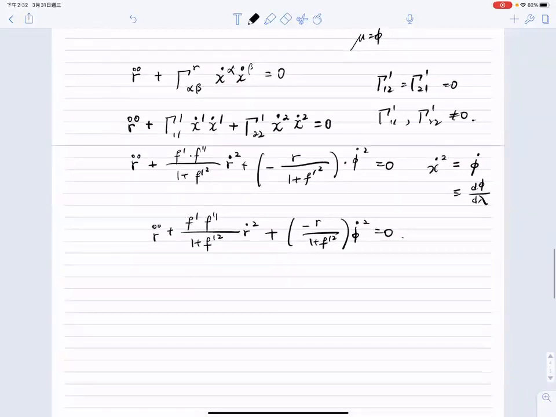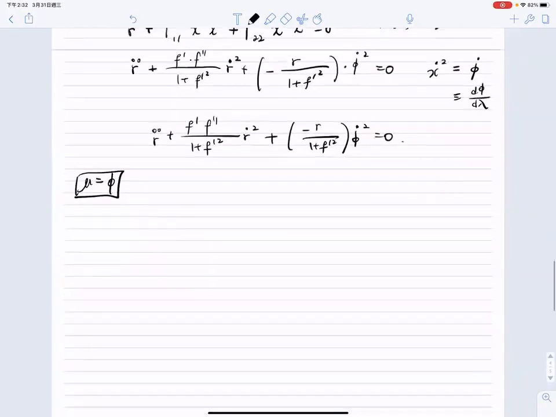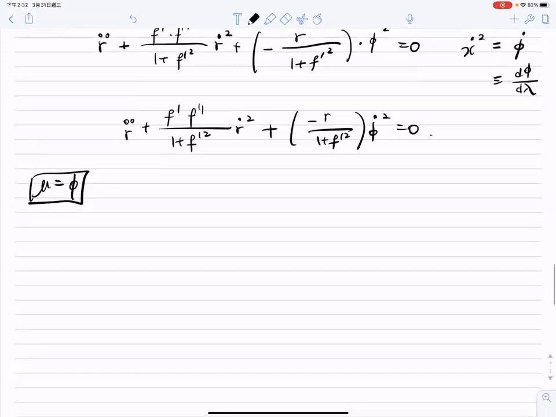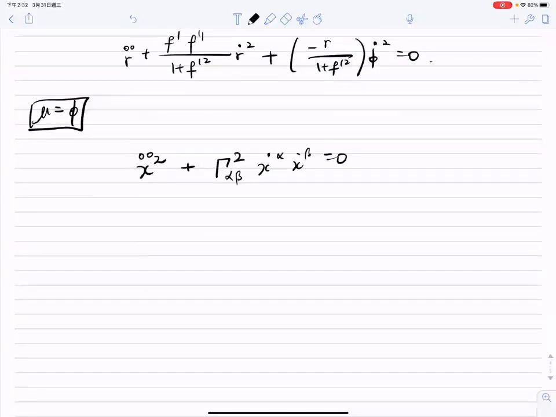All right, and then when mu equals phi, the coordinate would be mu equals 2. It is x double dot 2, plus the Christoffel symbol Gamma 2 alpha beta times x dot alpha x dot beta equals 0, right?